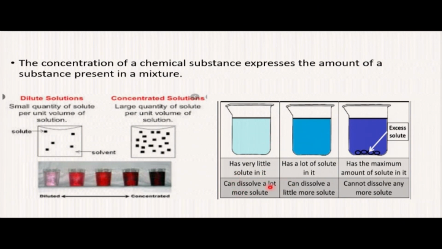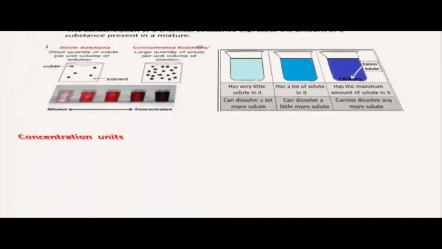This one can dissolve a lot more solute because it is still dilute, and this one can dissolve a little more of the solute, so it can still dissolve. But the concentration is increasing. When you look at the colors over there, you see the change in the concentration as you add more of the solute into the solvent.